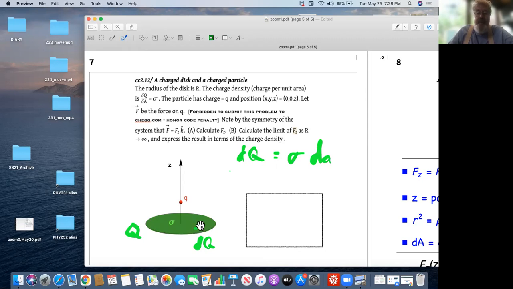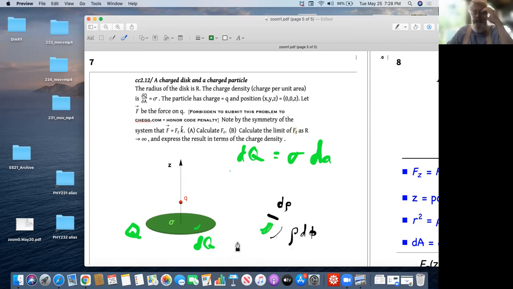Now, what's the area of this little section of an annulus? One dimension is the radial dimension, length d rho, where rho is the distance from the center of the disk out to this point. It's a radial length. It's not this radius, that's r. It's this perpendicular distance. That's rho.